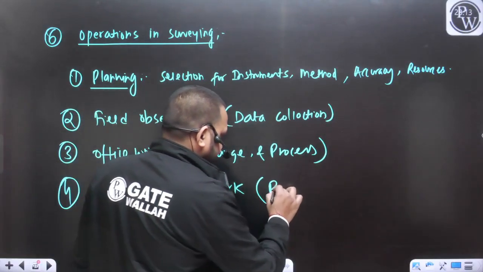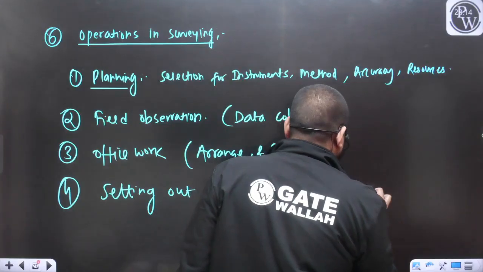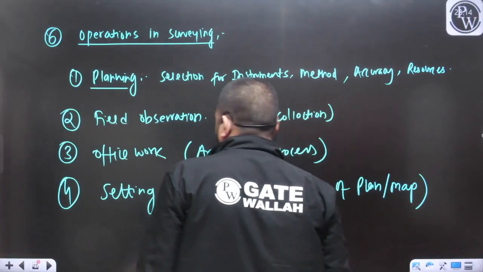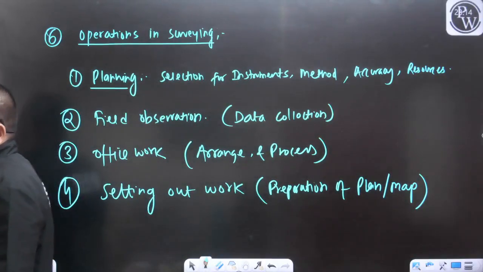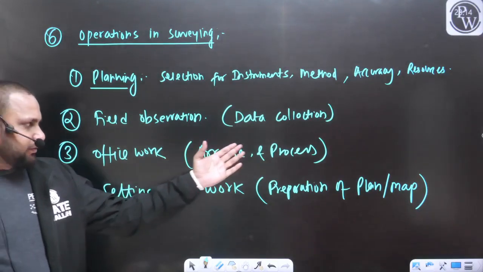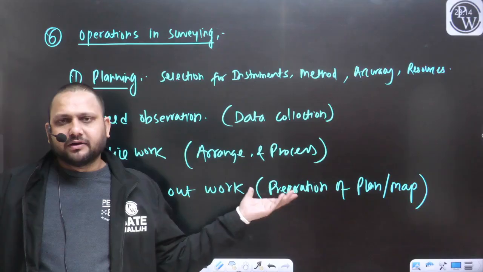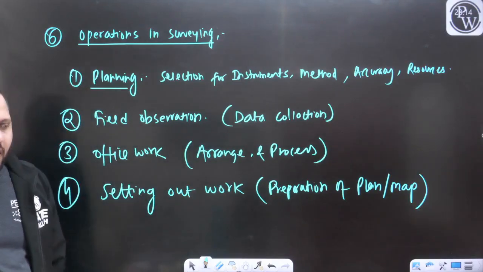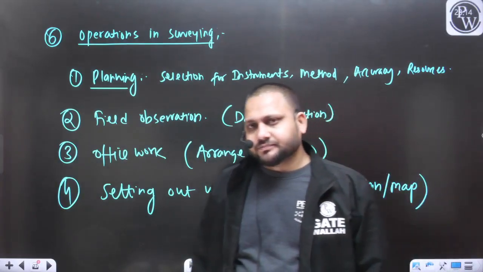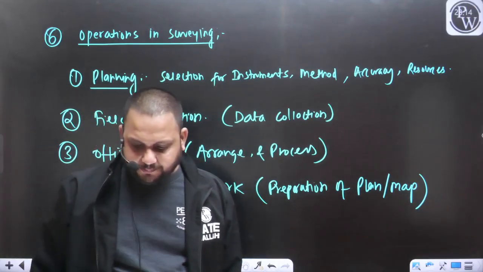That means preparation of a plan or map with the help of that systematic data. With the help of that processed data, now you can plot the data onto the paper. Now you can prepare the plan or map of that park.